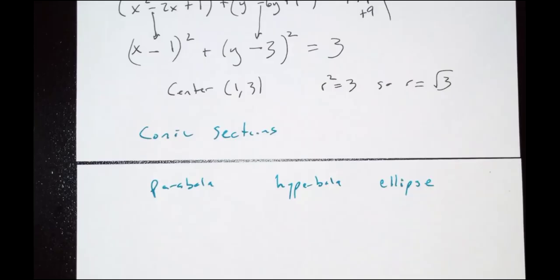What's an ellipse? The internet is your friend. It looks like an oval.